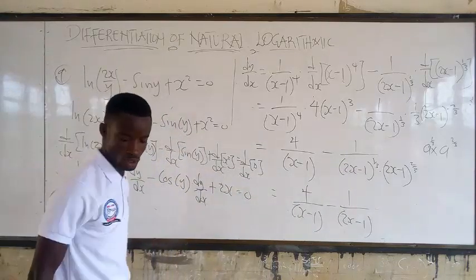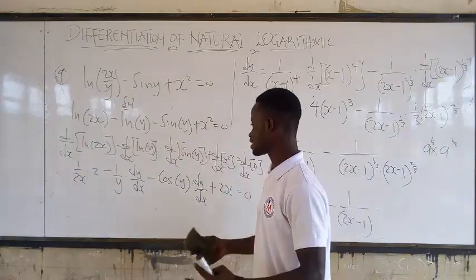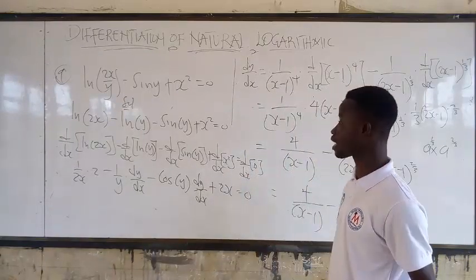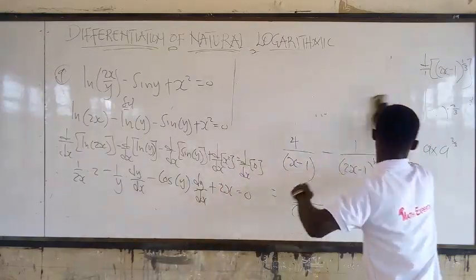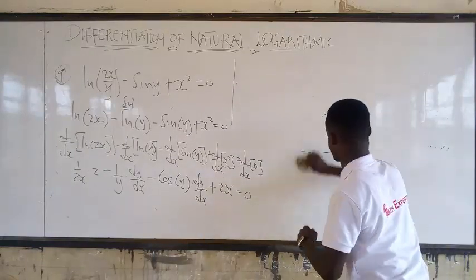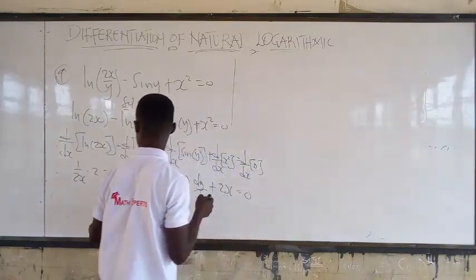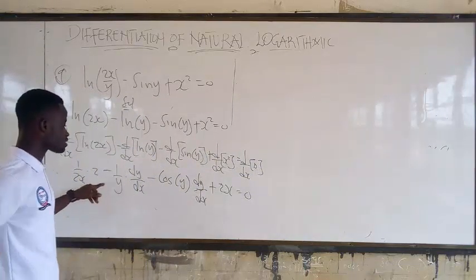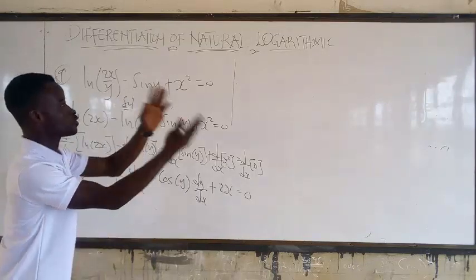So now, we just group like terms, the terms containing dy/dx, to one side so that we can factor it out and conclude on our results. Since the one in terms of dy/dx is negative, let's send it to this side.